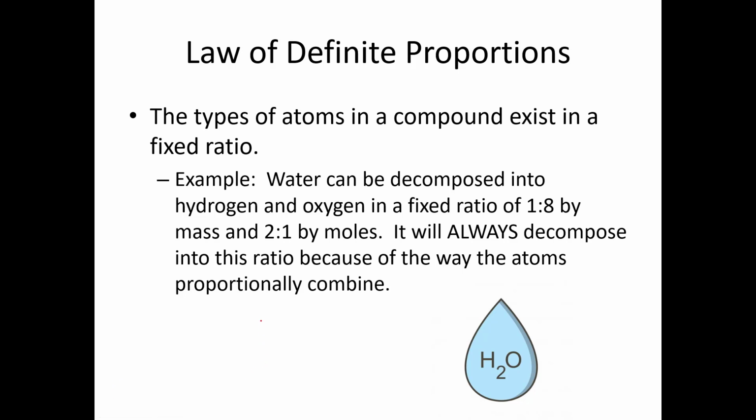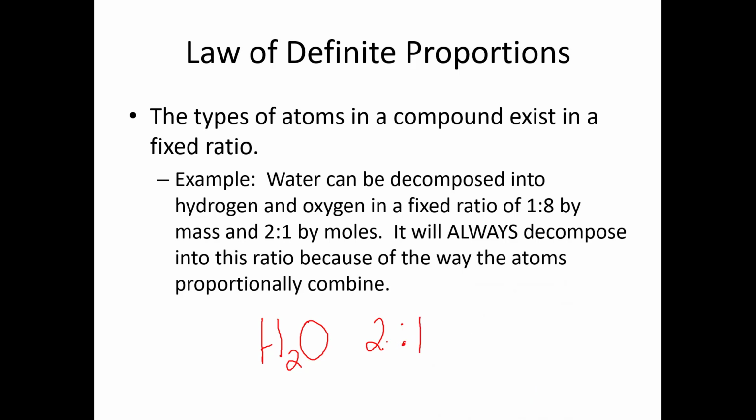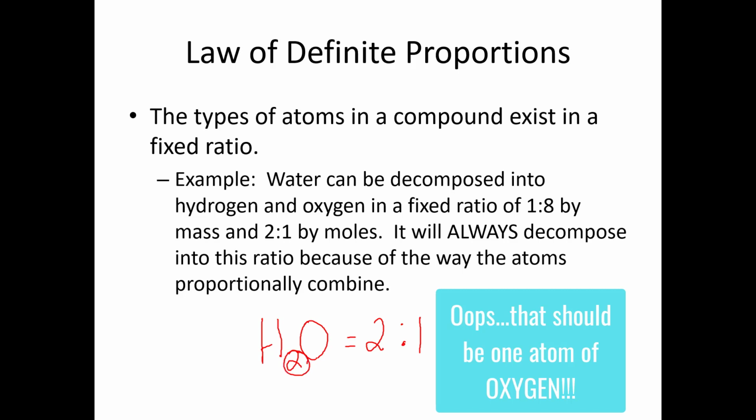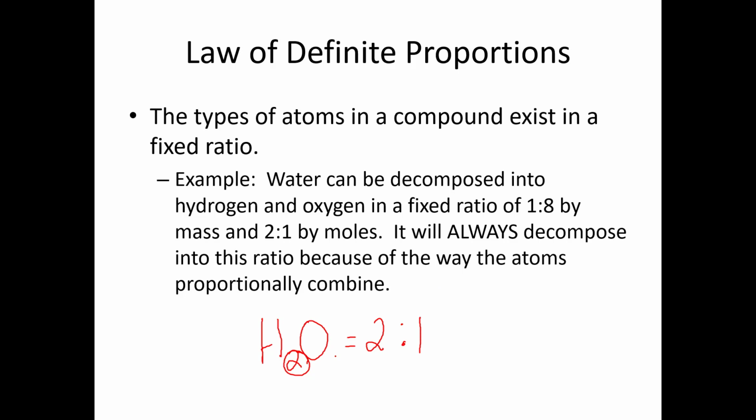We will always have 2 hydrogens and 1 oxygen to make our water. That gives us a ratio of 2 atoms of hydrogen to 1 atom of oxygen. And if you notice, this subscript tells us that ratio. Here we have a 2, here we have nothing. If you don't see a subscript, it's assumed the subscript is 1, even if we don't show it.